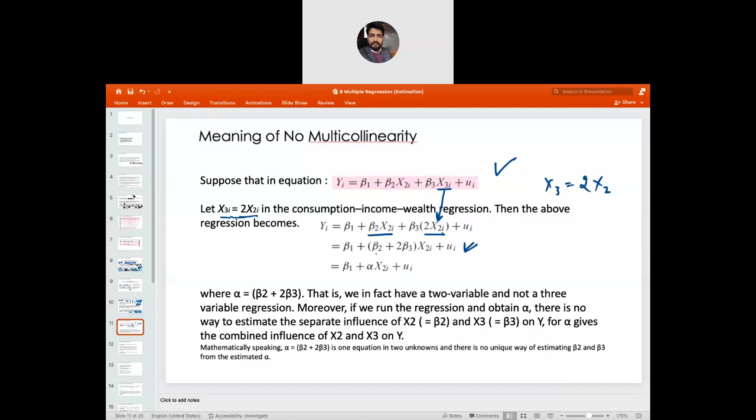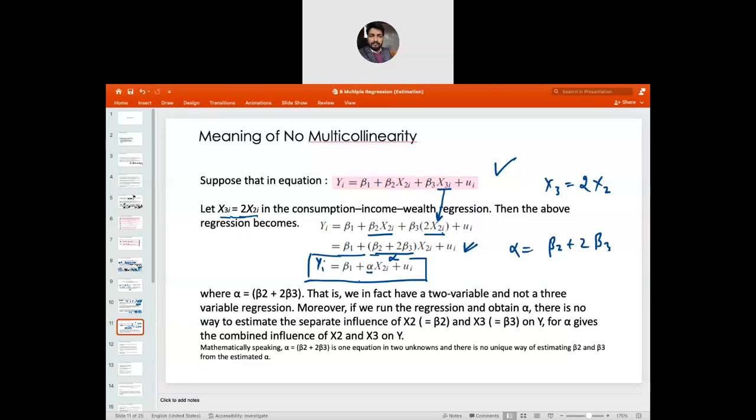Now let us assume alpha equals beta 2 plus 2 beta 3, and we replace this term by alpha here, and we get this equation, Yi equals beta 1 plus alpha X2 plus ui, right?